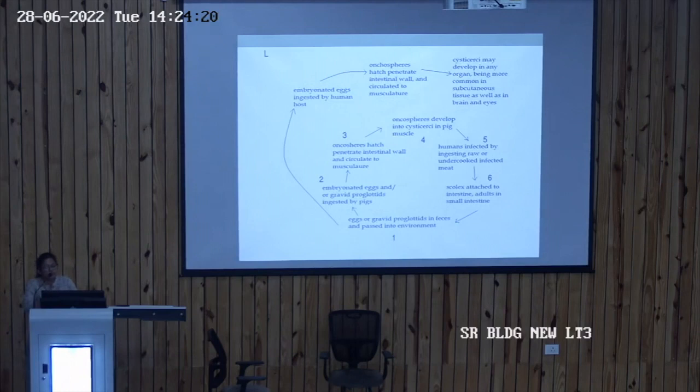So now cysticerci may develop in any organ. From the muscle, they can penetrate to any organ, but they can also go to the subcutaneous tissue as well as the brain, where it is called neurocysticercosis, and the eyes.